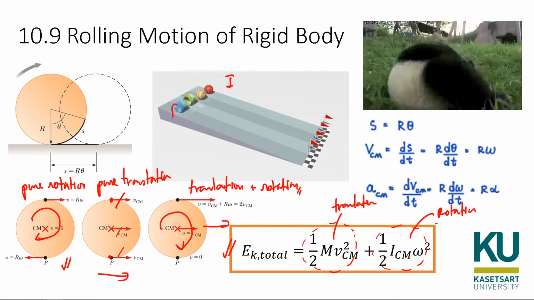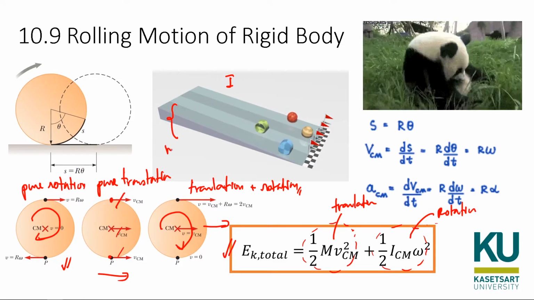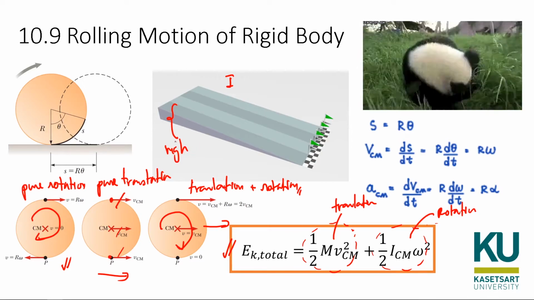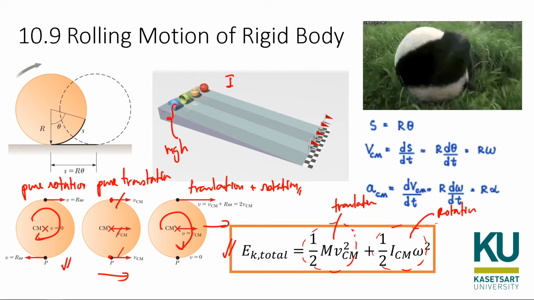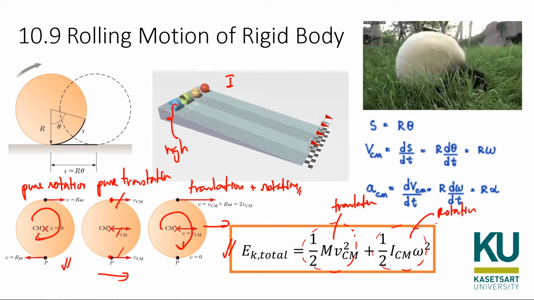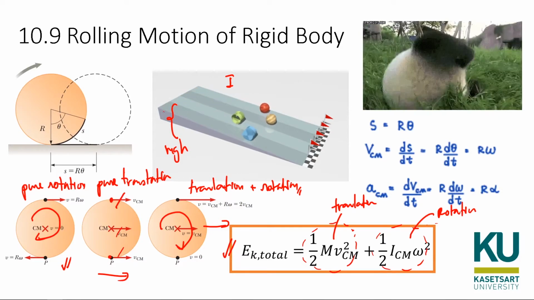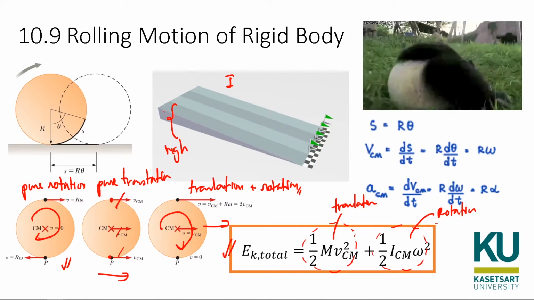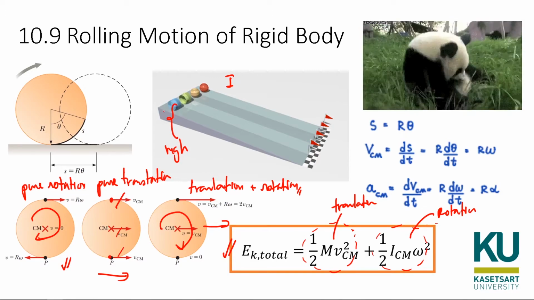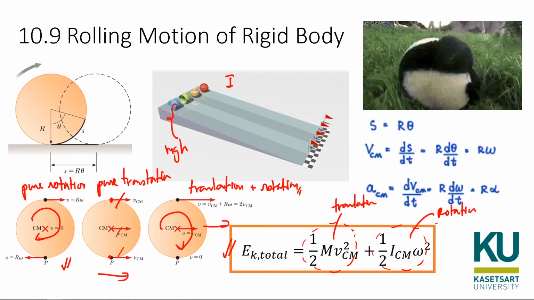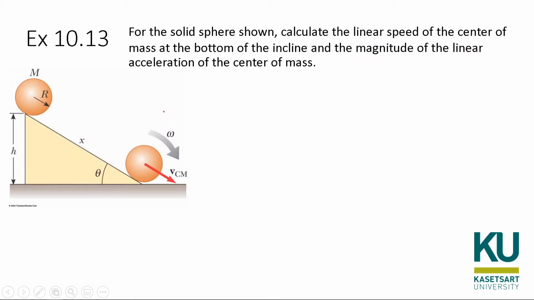And also because initially they have some mgh, which is the potential energy, we can link all these together and use the work and kinetic energy theorem to explain the phenomenon of this rolling motion of a rigid body. So let's look at this example.